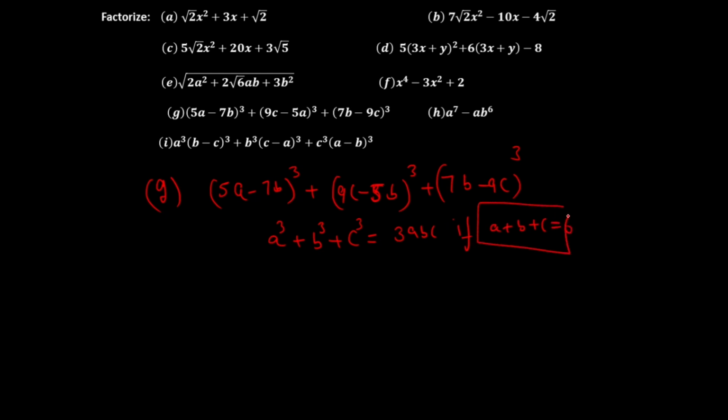So let's prove this first. I assume this whole thing is a, this is b, this is c. So a is 5a minus 7b, plus, what is b here? 9c minus 5b. And what is c here? C is 7b minus 9c.